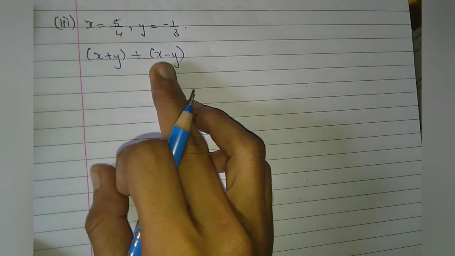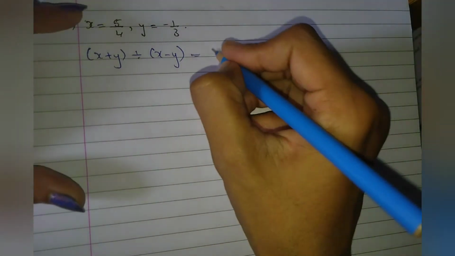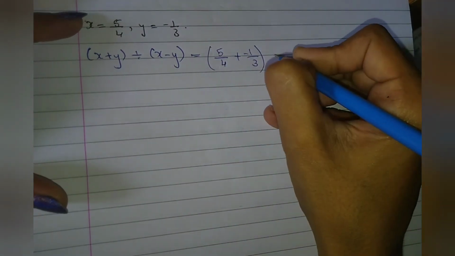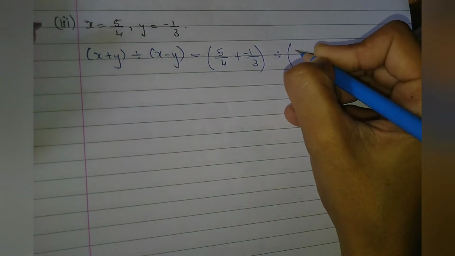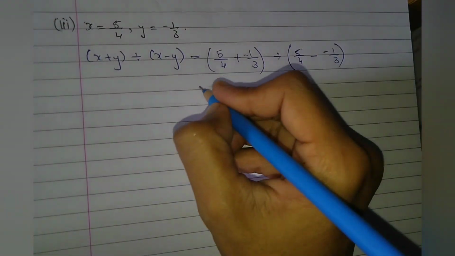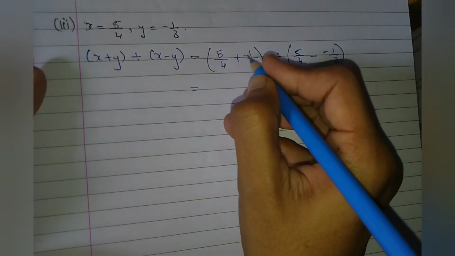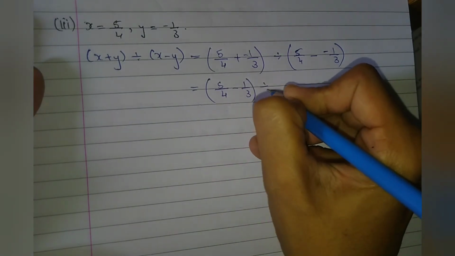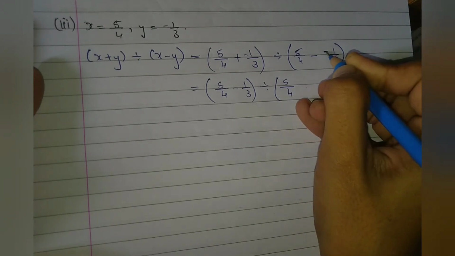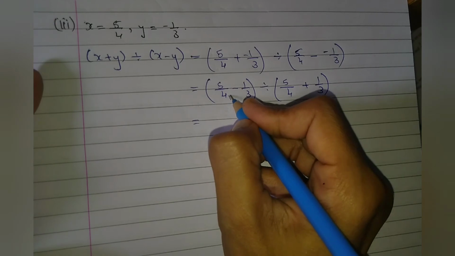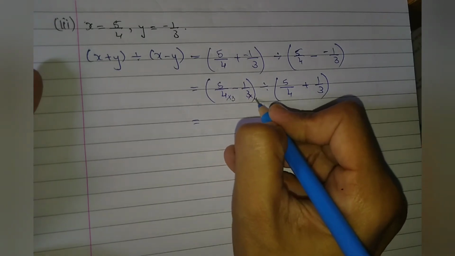Third one, that is x plus y divided by x minus y, where x is 5 upon 4 and y is minus 1 upon 3. So 5 upon 4 plus minus 1 upon 3 divided by 5 upon 4 minus minus 1 upon 3. Now take the LCM, which is 12. 3 4s are 12 and 4 3s are 12.